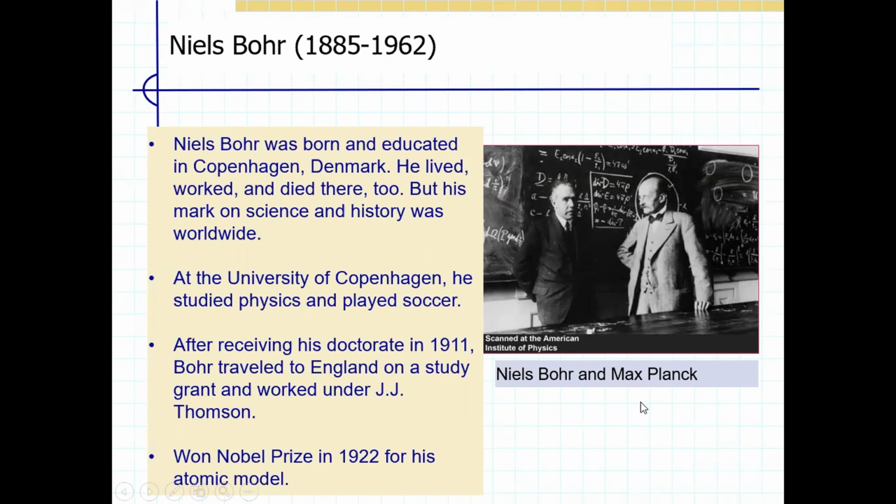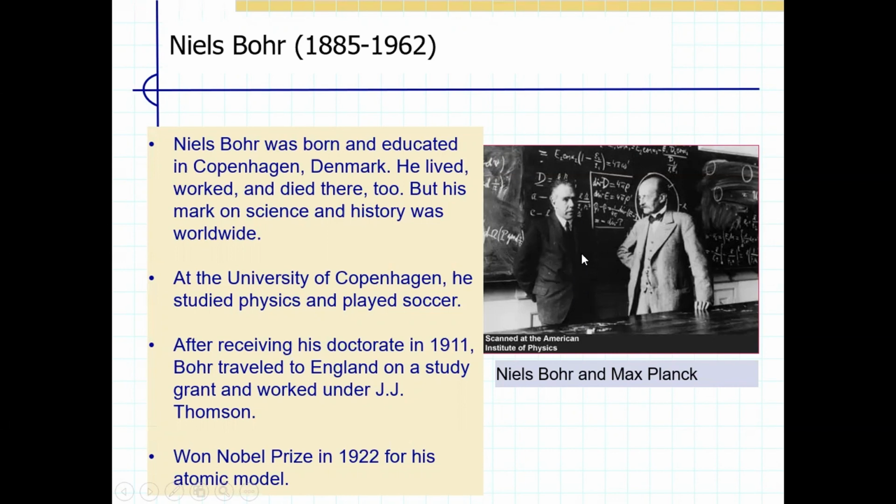He won the Nobel Prize for his atomic model. And this is a picture where he's standing with Max Planck. And in the background, we see Maxwell's equations, and the effects that were depicted by Bohr's idea that the energy levels and the excited and de-excited states also emit photons.